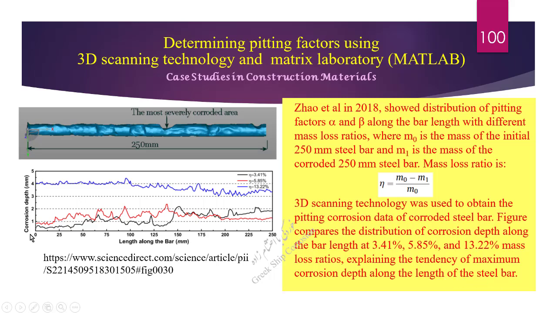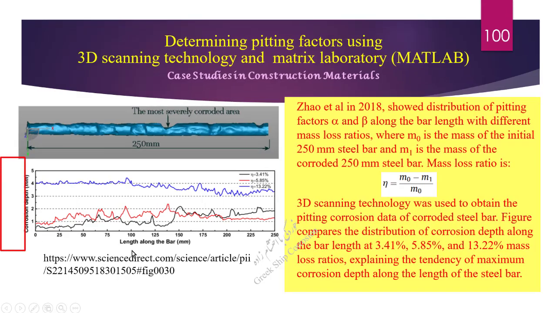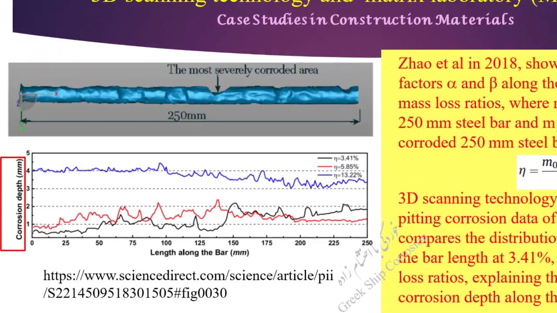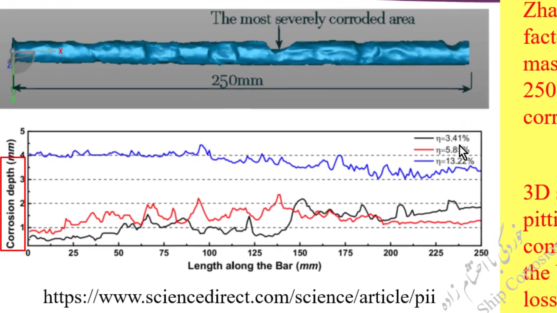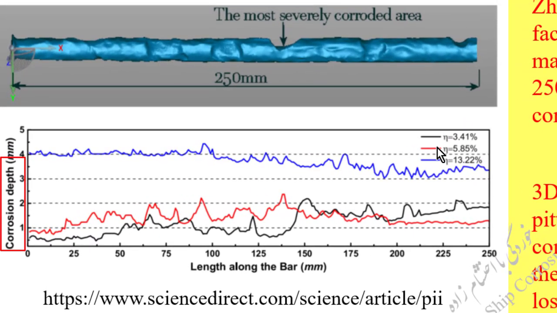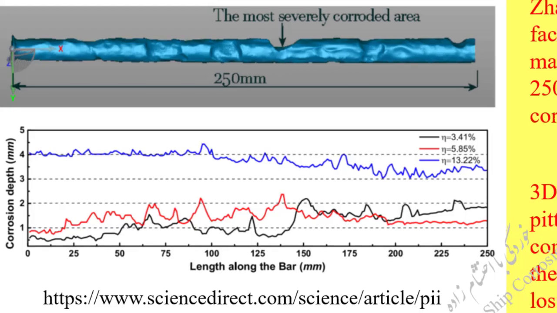The vertical axis here shows corrosion depth, and the horizontal axis shows length along the bar. Eta is 3.41% for the data shown in black, eta is 5.85% for the data shown in red, and eta is 30.22% for the data shown in blue.